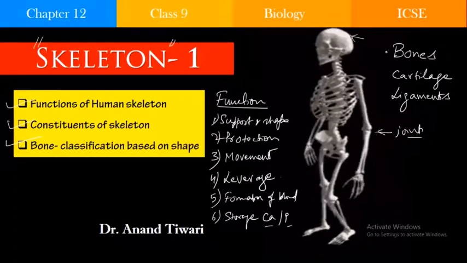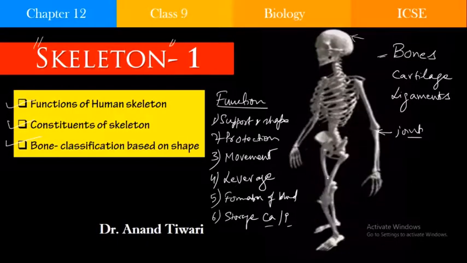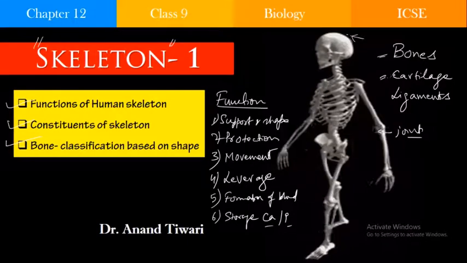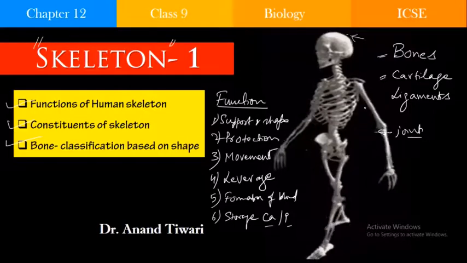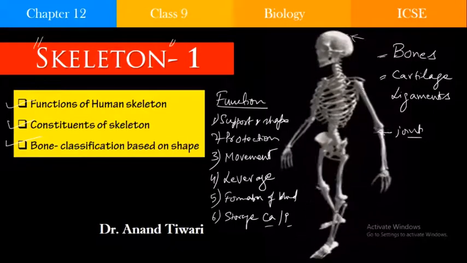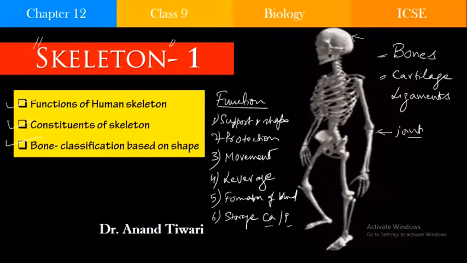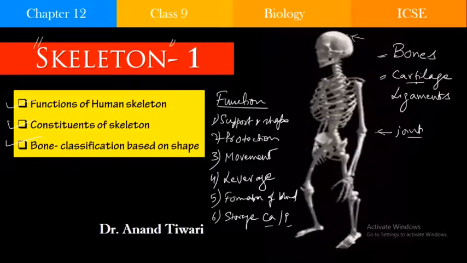The bones provide the hard framework for the body, whereas cartilage is a connective tissue that doesn't have any blood vessel supply or nerve supply. It is flexible, just like the tip of the ears and the tip of the nose. These are flexible, that is cartilage.